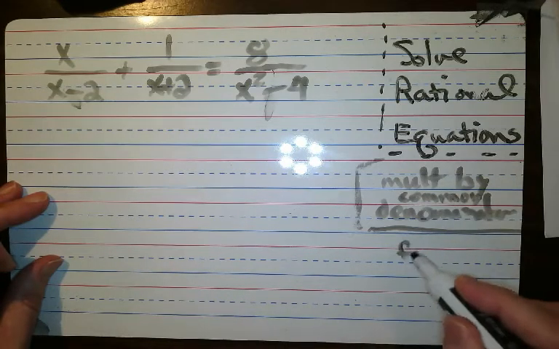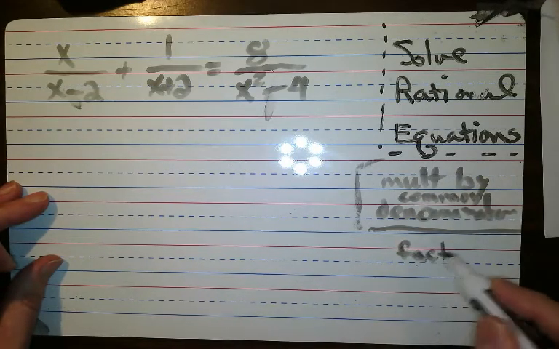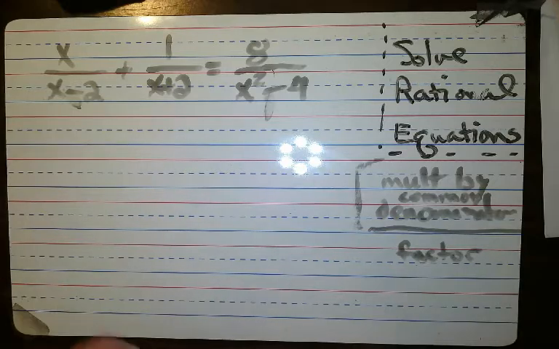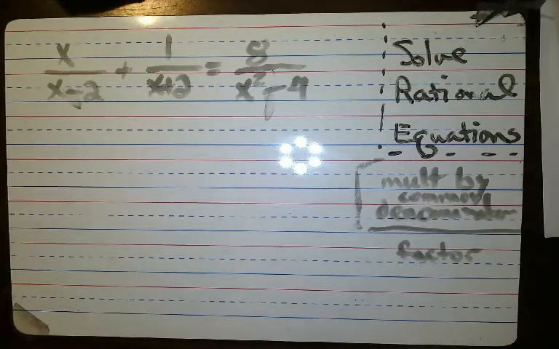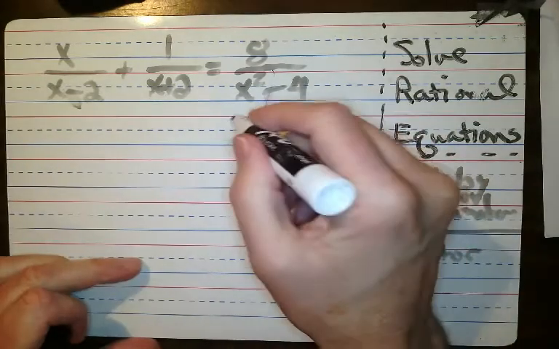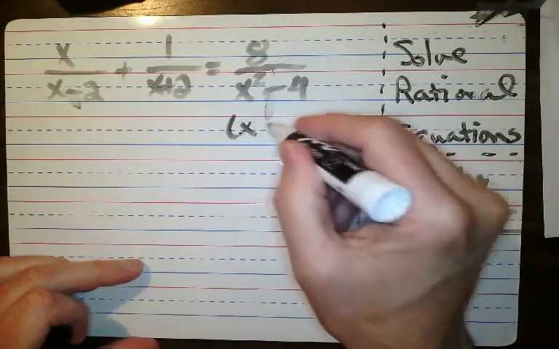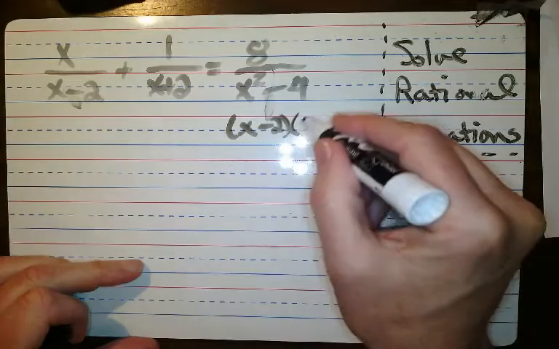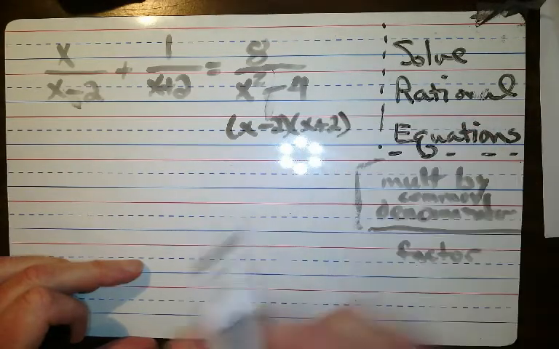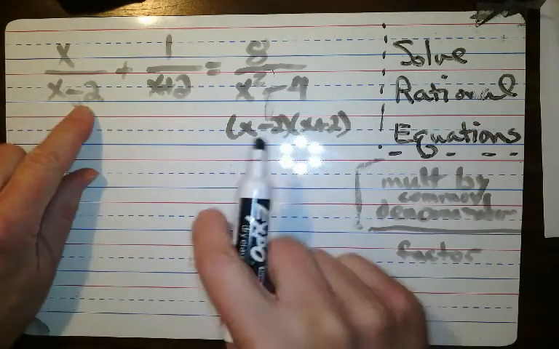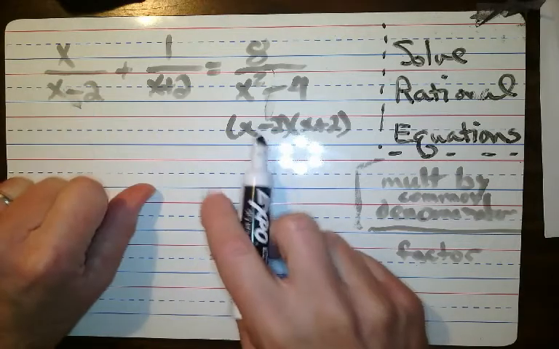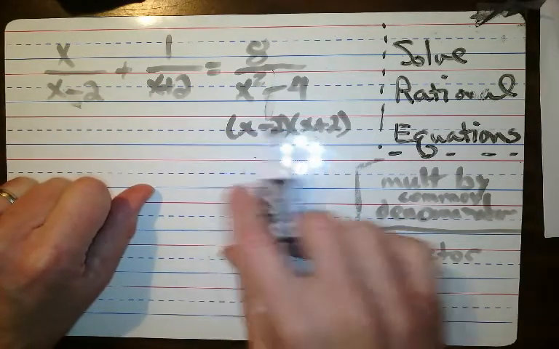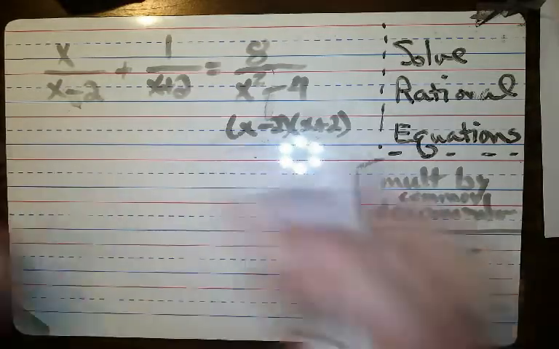To find it, I need to factor. When I factor x squared minus 4, I get x minus 2 and x plus 2. That's what these two are, so the common denominator is x minus 2 times x plus 2.